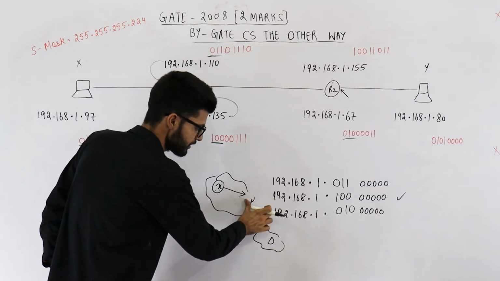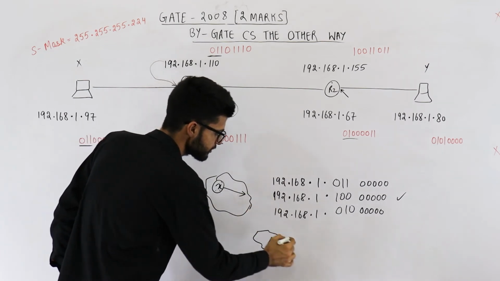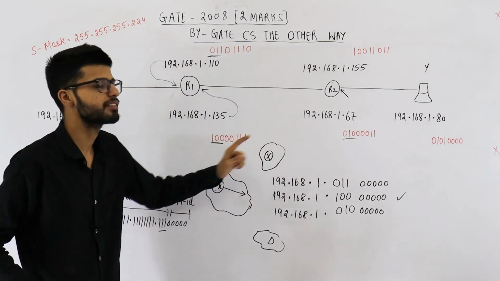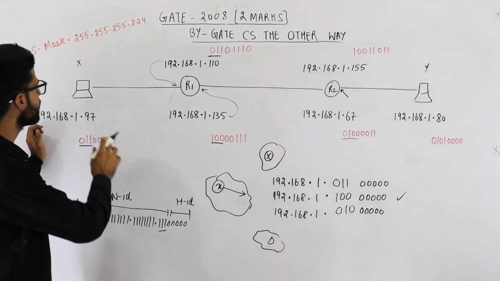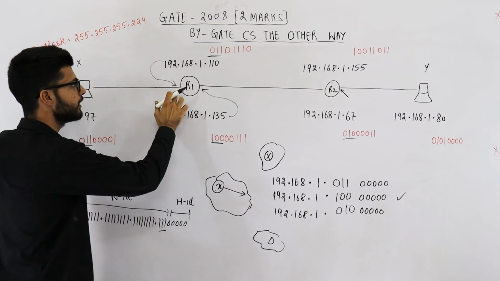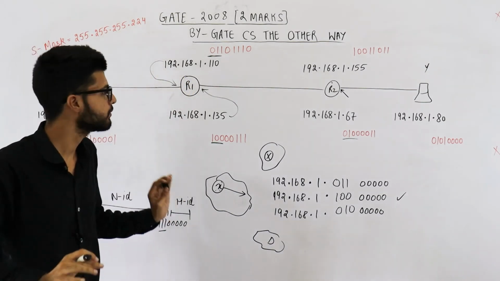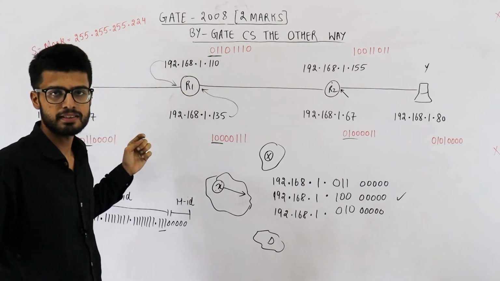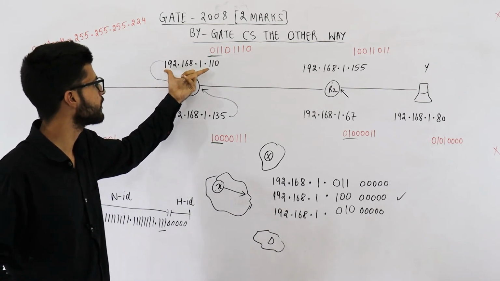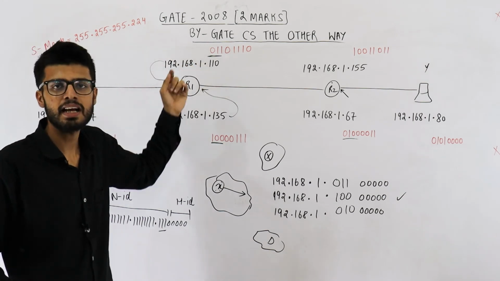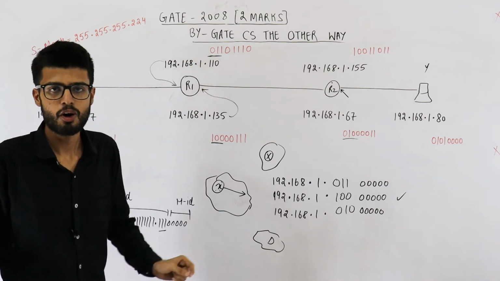If this router is not in its network, then X can't send a message to it either. So if X wants to send a message here, then this router has to be in the same network. At least X must feel that this router is in the same network. So X will just send it to this IP address, and X will treat this IP address as the default gateway or gateway.